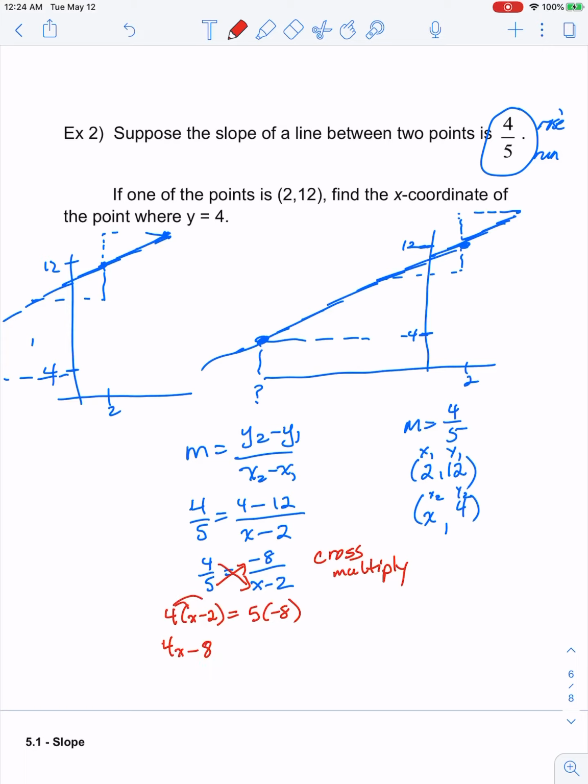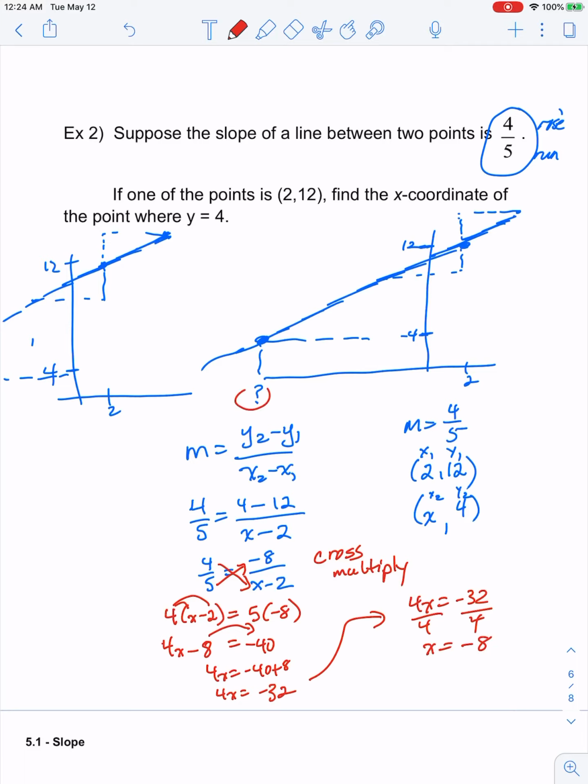You got to multiply both the x and the minus 2 by 4. And that equals -40. Bring the -8 to the other side. 4x equals minus 40 plus 8. 4x equals -32. Divide both sides by 4, so x equals -8.